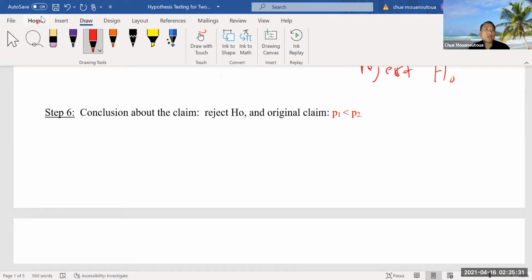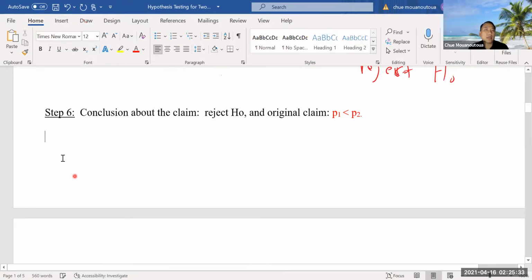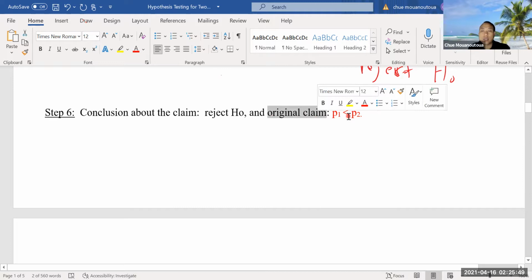So clearly, the original claim does not include equality, because it's not equal.